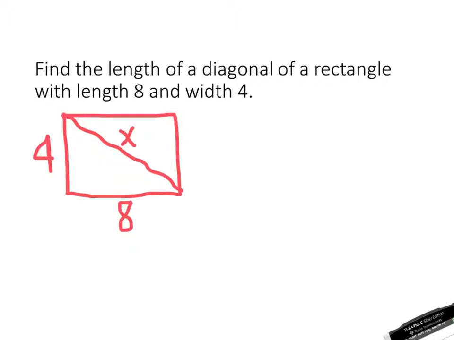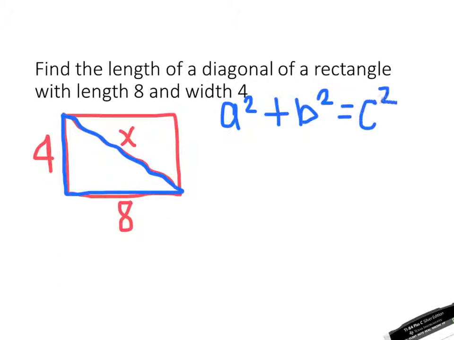But you're looking for the measurement of that diagonal. If you notice, we have a right triangle, so we can use Pythagorean theorem. A squared plus b squared equals c squared.